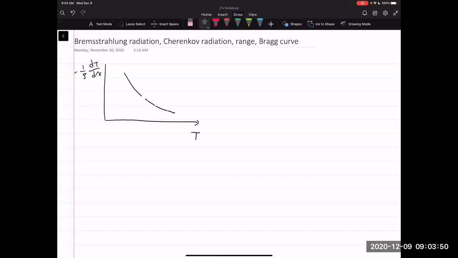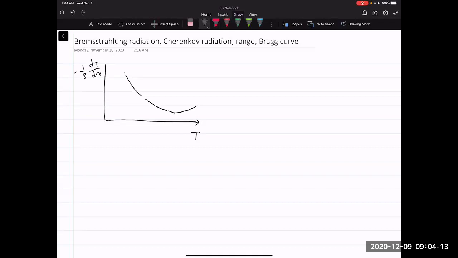In a very wide energy range, the stopping power is inversely proportional to v squared, or the kinetic energy. Beyond a certain energy cutoff, we begin to see relativistic effects, and this curve is going to turn back up a little bit at the high energy end.